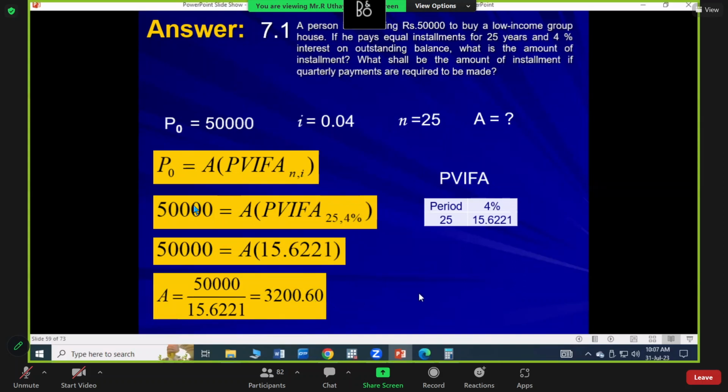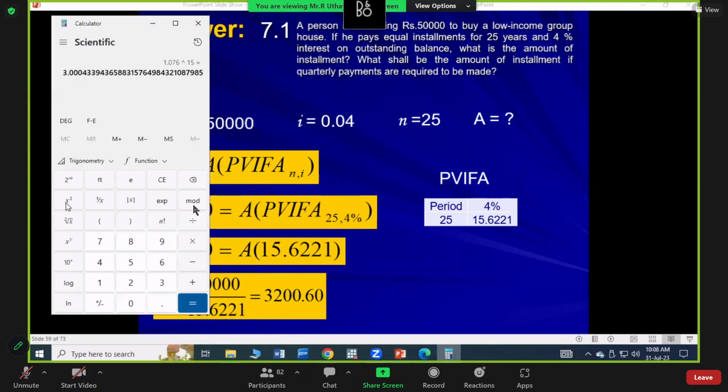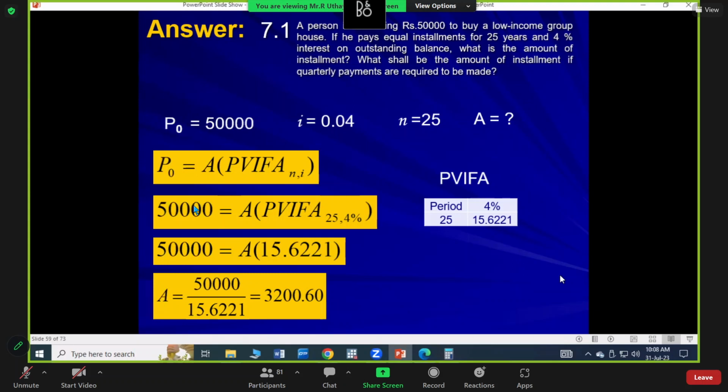So the annuity is obtained like the 3,200 rupees and 60 cents. You can check it. $3,200 is obtained.